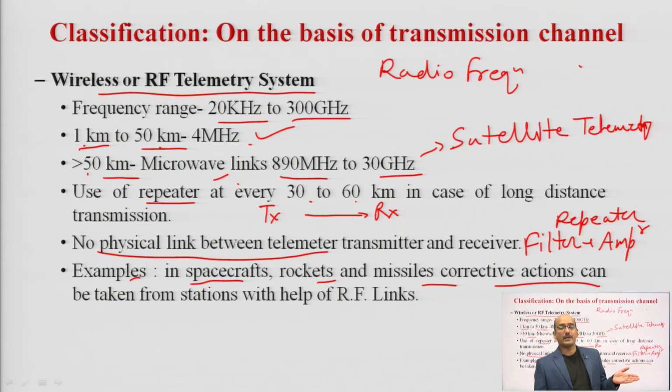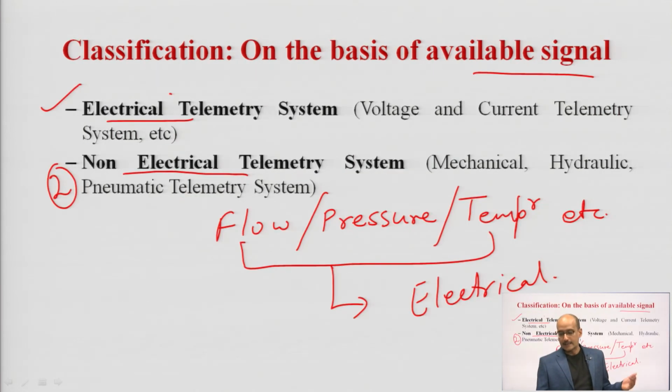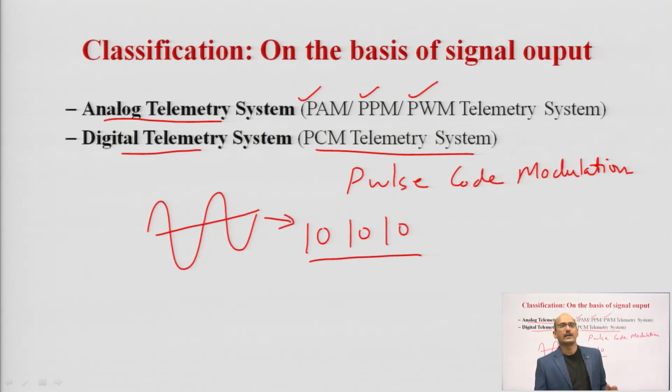That wireless telemetry system can also be long distance, greater than 50 kilometers, or through satellites or something other. In the next part, that is electrical or non-electrical, and the third part is related to analog telemetry or digital telemetry system, that is directly related to the signal output. If you are getting the analog output, it means it is an analog telemetry system.